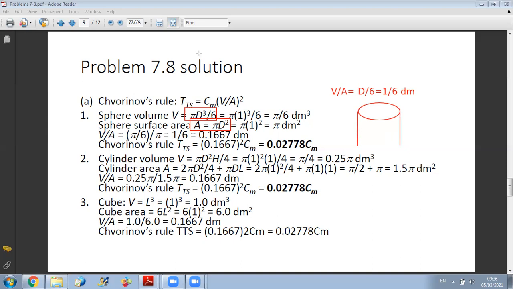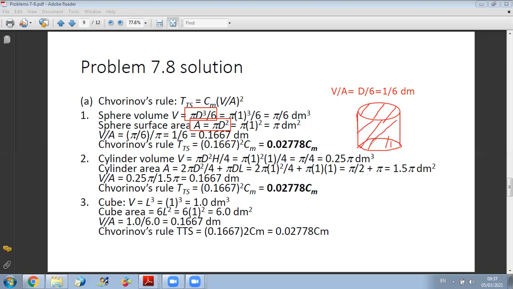And to calculate the lateral surface area, as we have done in the previous problem, we should consider the area of the two circles at the base, and we have the lateral area of the periphery. So it's 2 times pi d squared over 4 plus the perimeter of each circle, which is pi d, times the thickness, which will give us this lateral area.